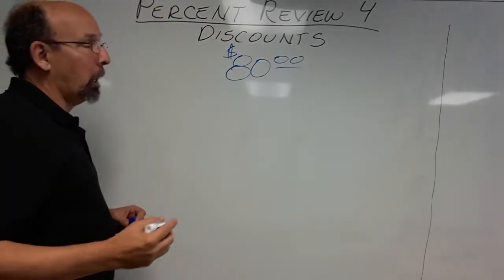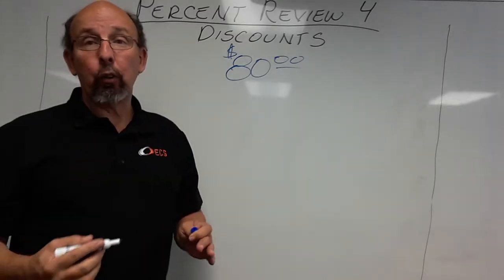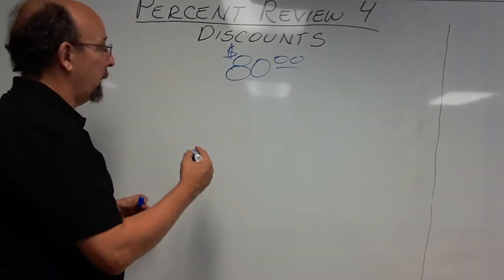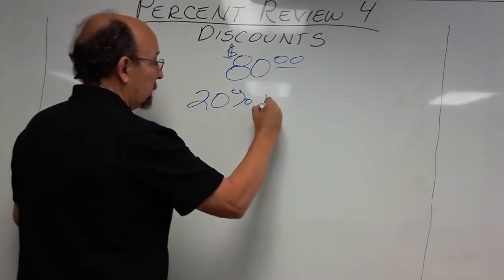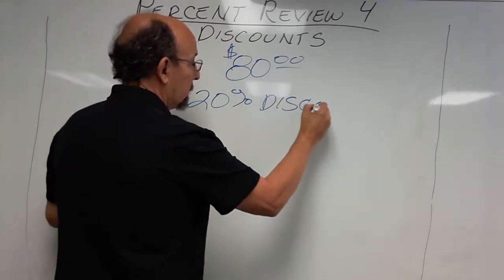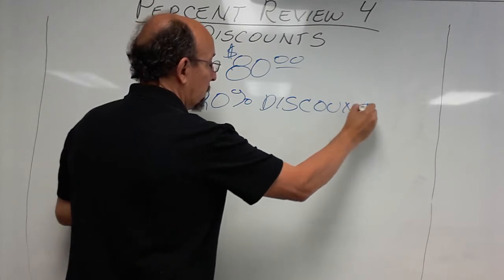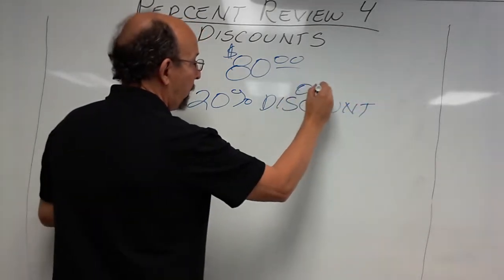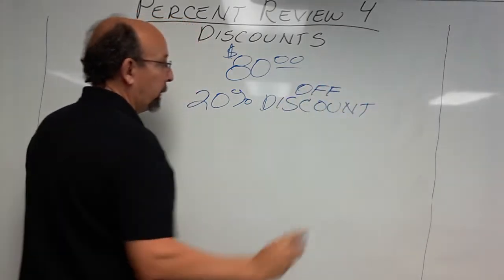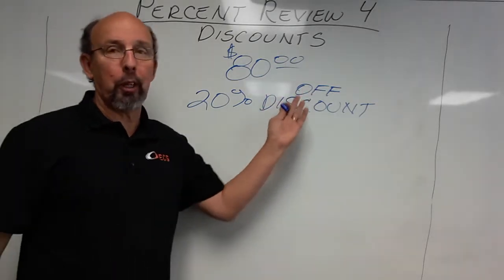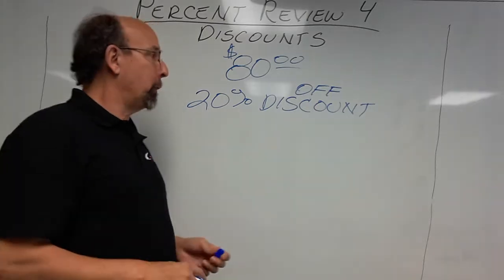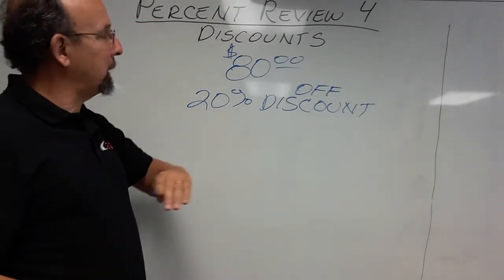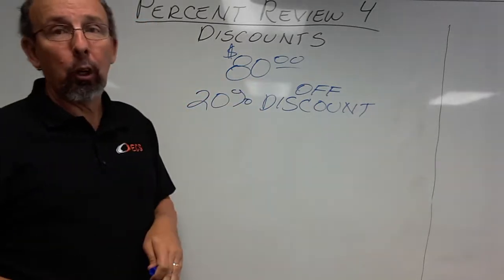Now, you've got a discount of 20%, or 20% off of the original price. Both mean the same thing: 20% off, 20% discount, whatever. So 20% discount on that $80 pair of shoes.